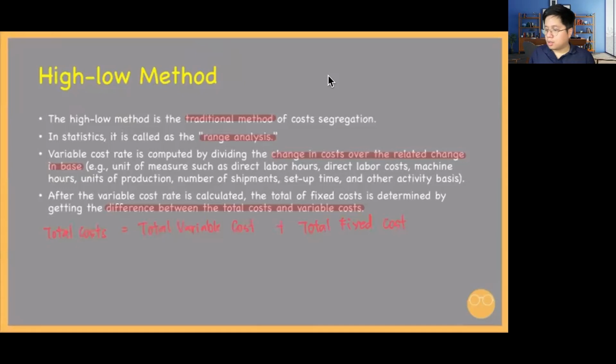Or in this case, TC is equal to TVC plus TFC. Then total cost less total variable cost will also be equal to total fixed cost. These will be the relevant formulas that we should be able to use if we're trying to solve for the high-low method.